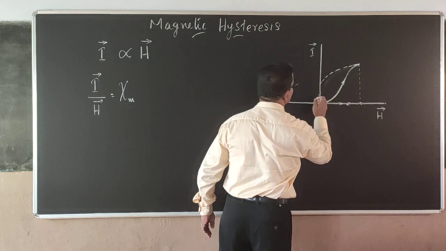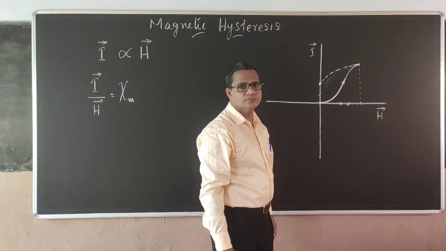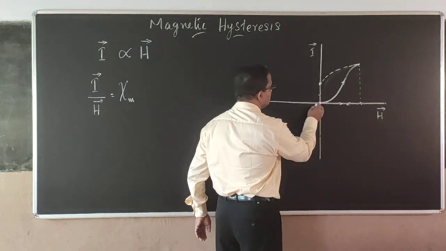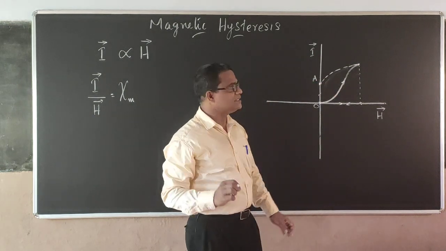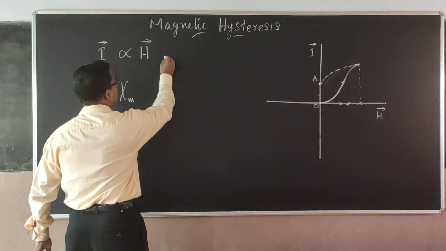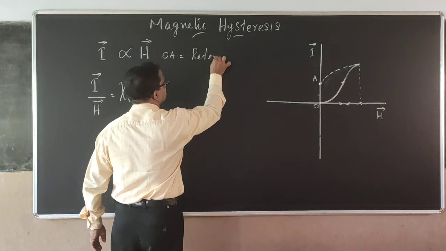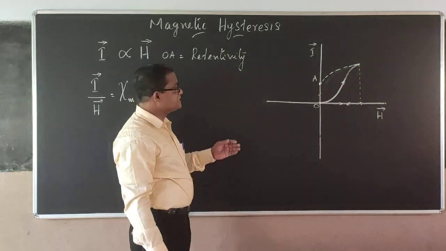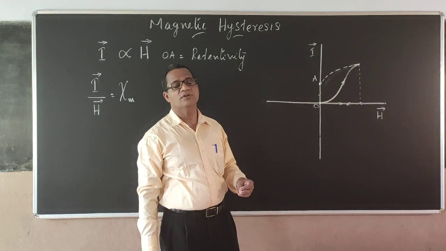And you can see that when the magnetizing field is 0, intensity of magnetization is not zero. So there remains a part OA. An amount of magnetism is stored in the material, and that measure OA is called retentivity or residual magnetism or remanence for the material.